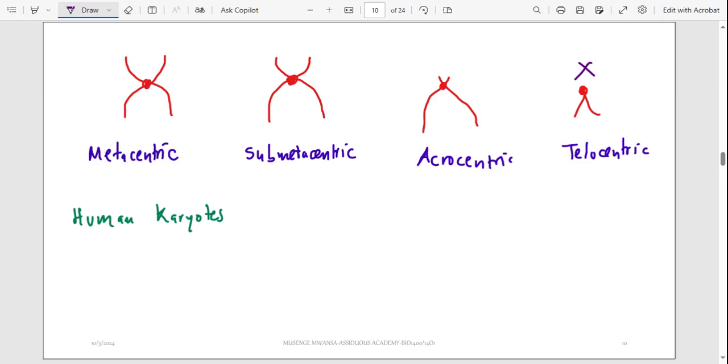So, the other type of classification that we can use to classify the chromosomes, apart from the location of the centromere, is whether the chromosome belongs to the sex cells or to body cells. Okay. So, sex chromosomes are known as allosomes.